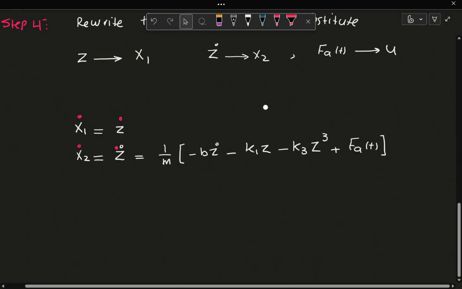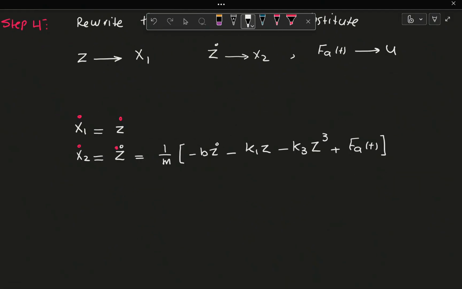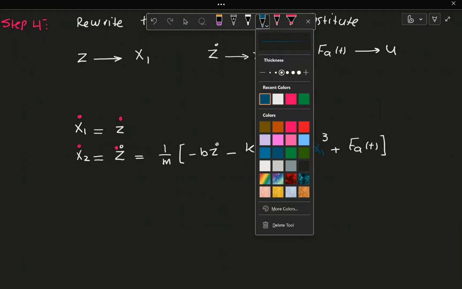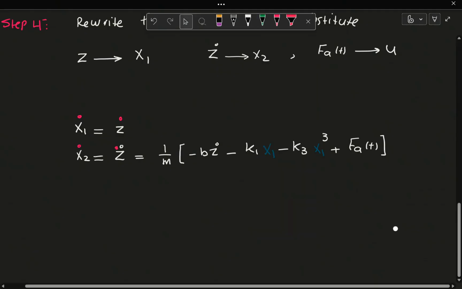In these equations, any z that I have, I'm going to substitute with x1. So this is going to be x1, and this is going to be x1. Any z dot that I have here, I'm going to substitute with x2.